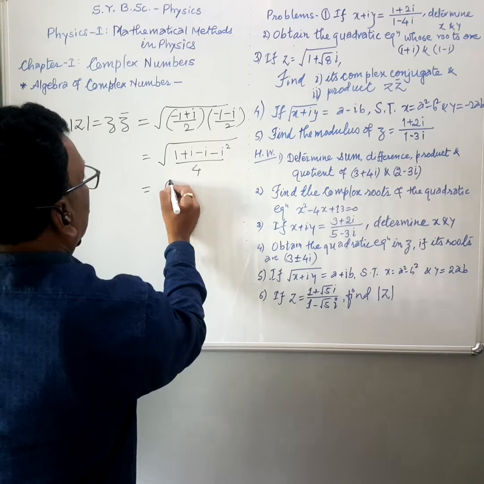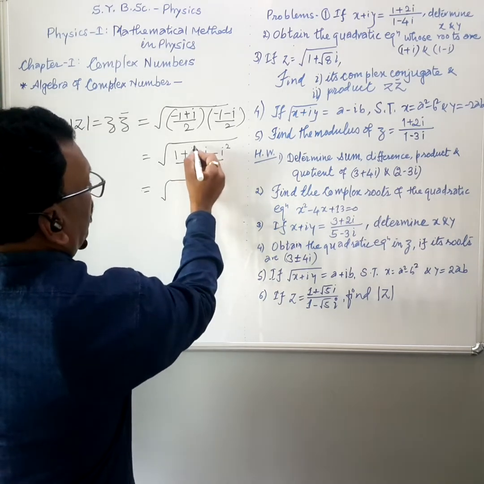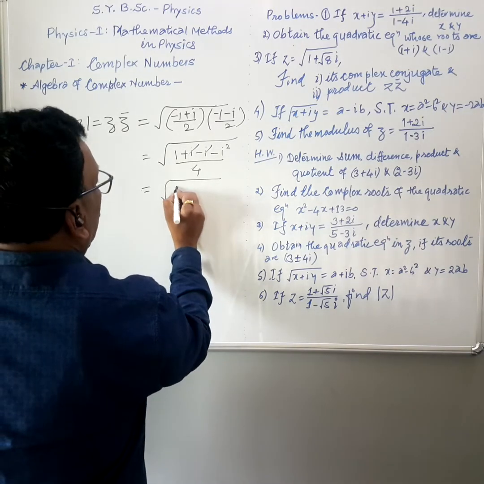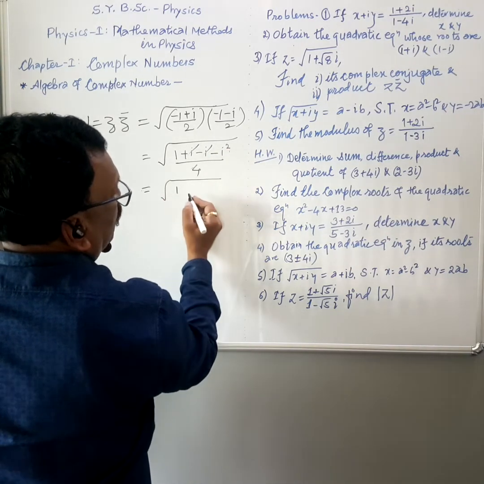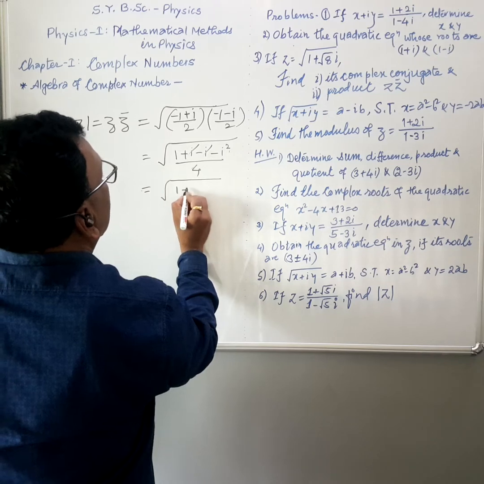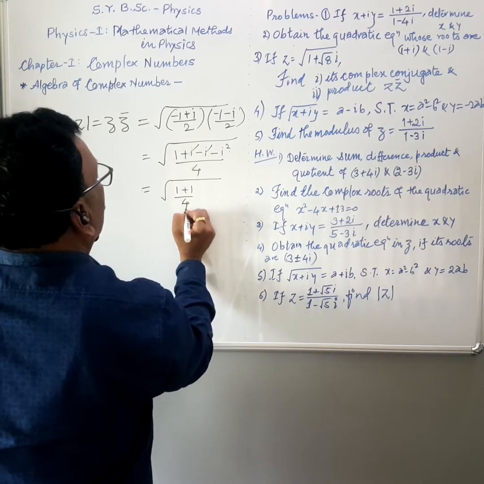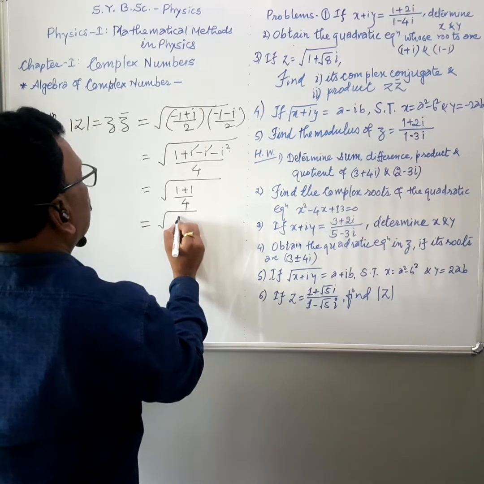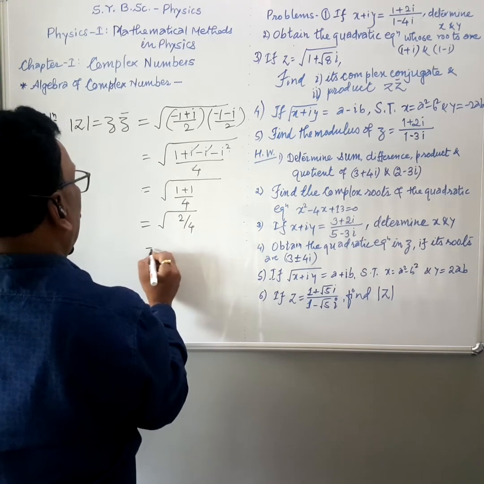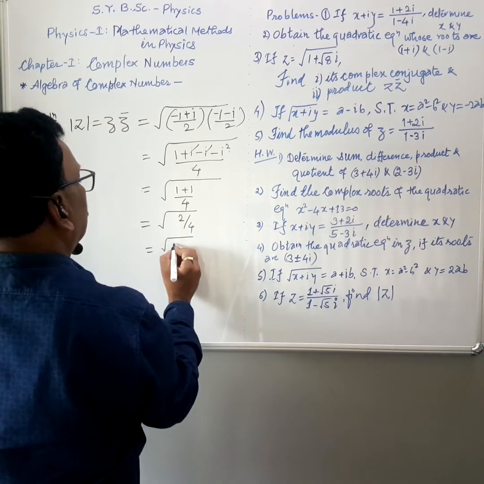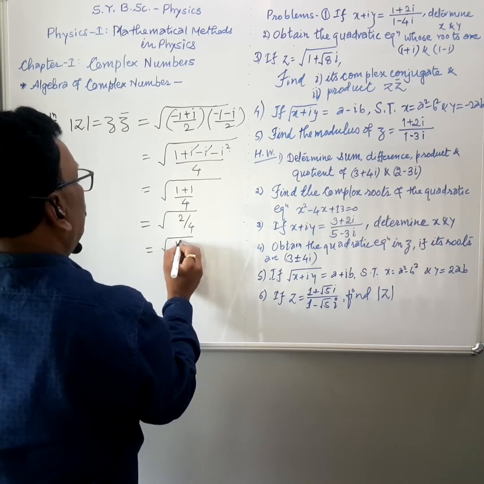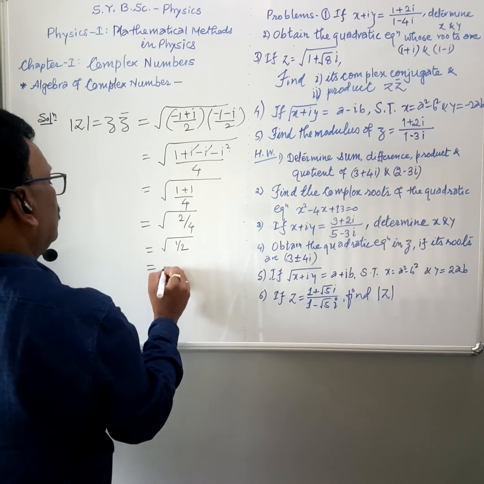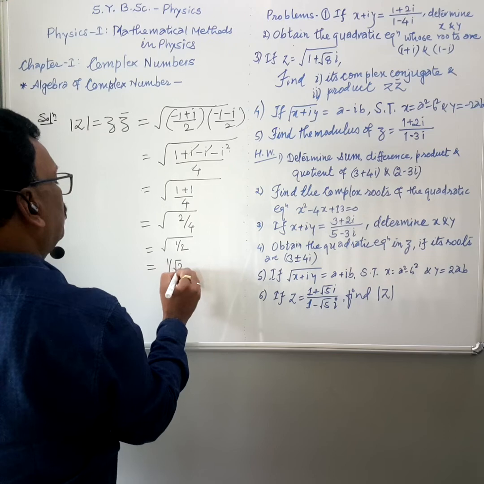Solve this term, we get here i and minus i getting cancelled with each other, and the value of i square is equal to minus 1, therefore minus minus plus upon 4. Or we may write 1 plus 1, 2 by 4, or we can write square root of 1 by 2, or simply 1 by square root of 2.